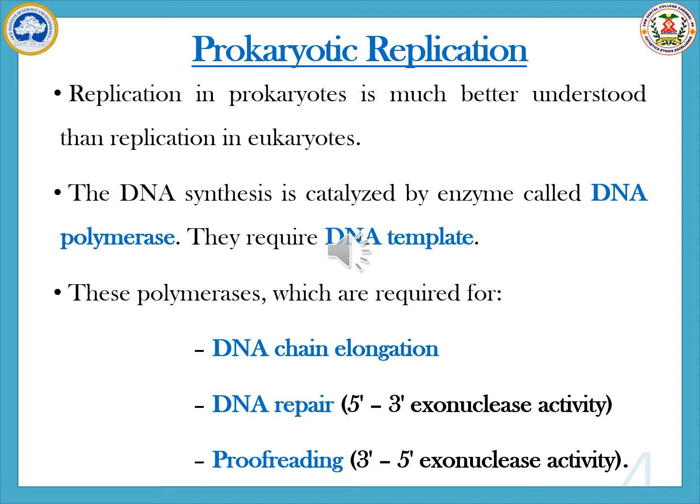Proofreading means any mismatch in the nucleotide can be avoided. Any mismatch in the base pair during replication or during the repair mechanism will be avoided by the DNA polymerase because it has proofreading activity. Proofreading is also denoted as 3' to 5' exonuclease activity.